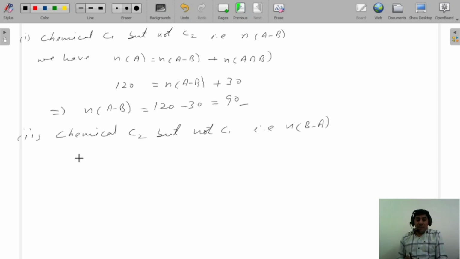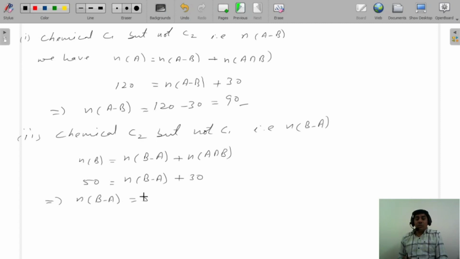N of B is equal to n of B minus A plus n of A intersection B. Putting these values, n of B is 50 is equal to n of B minus A plus 30. This implies n of B minus A is equal to 50 minus 30 is equal to 20.